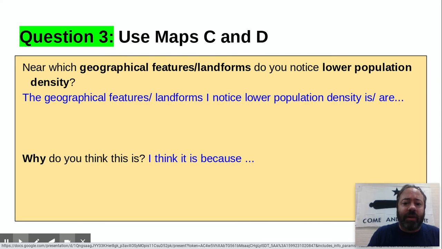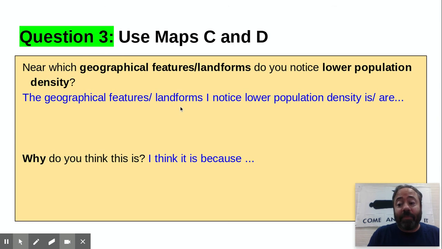Why do you think people live in areas that have a lot of rain? This question's asking about low population density. So the geographical features or landforms I notice with lower population density are located where they get little rain. I think it's because maybe it's hard to grow crops with lower rain.